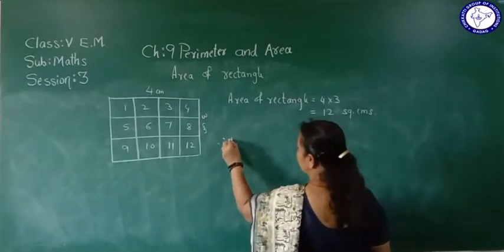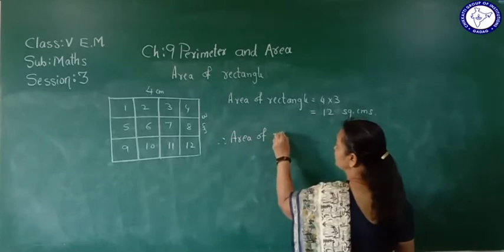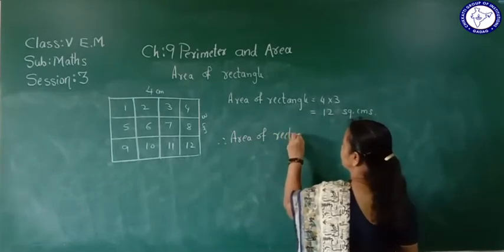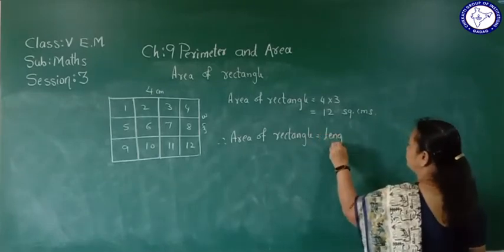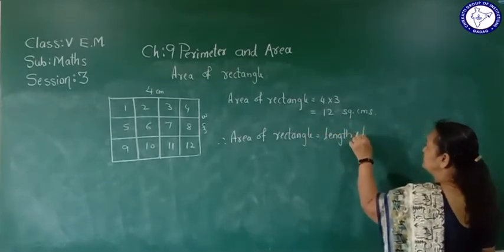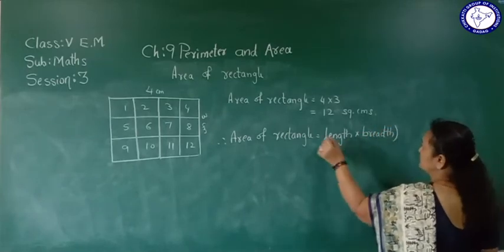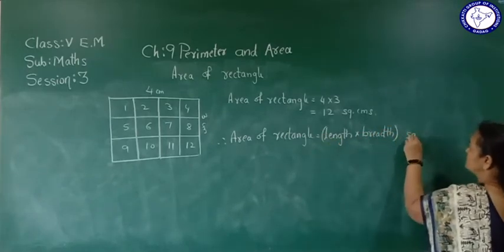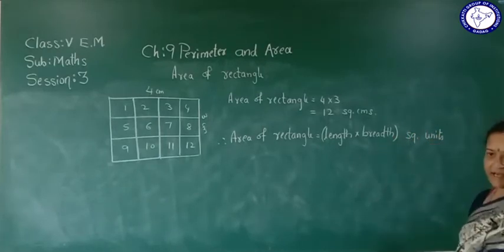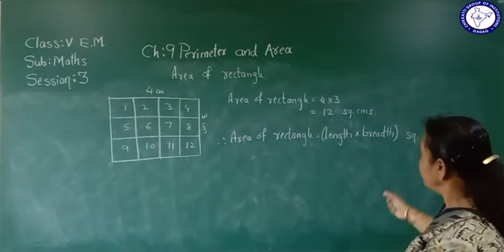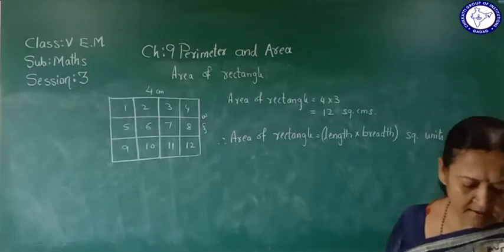Therefore formula is area of a rectangle is length into breadth, in square units. Here whatever unit we get, centimeter, meter, we write a square unit. This understood?